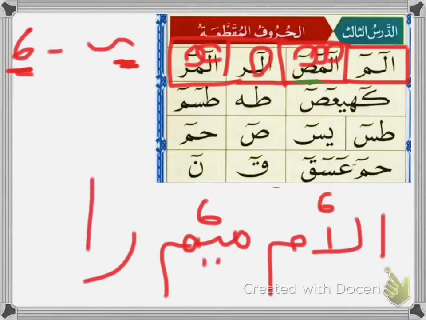Okay, so how do we read this? Of course, this is 1. And remember, the Ra is 2. Okay, Alif, Lam, Mim, Ra. Again, don't forget this. Over here, we hold 2 sounds.